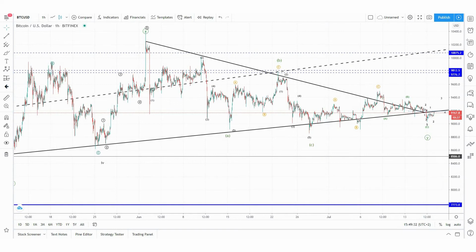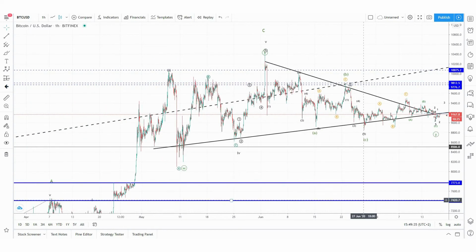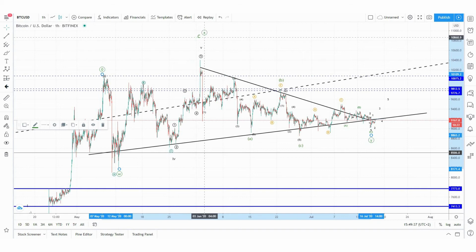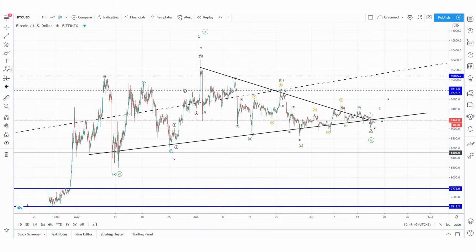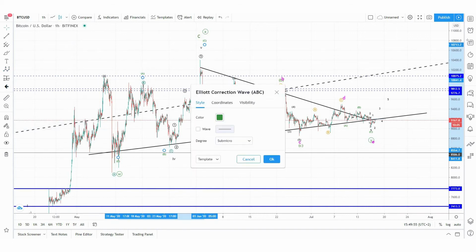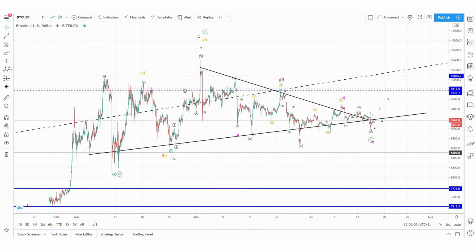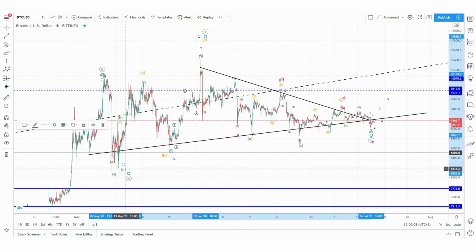But looking at the price action and the wave structure, it would definitely be a more complex count than this one, potentially having this being some kind of an ABCDE triangle, or this one being like another ABC to the upside, and this one actually being like ABC to the downside, or something like that.